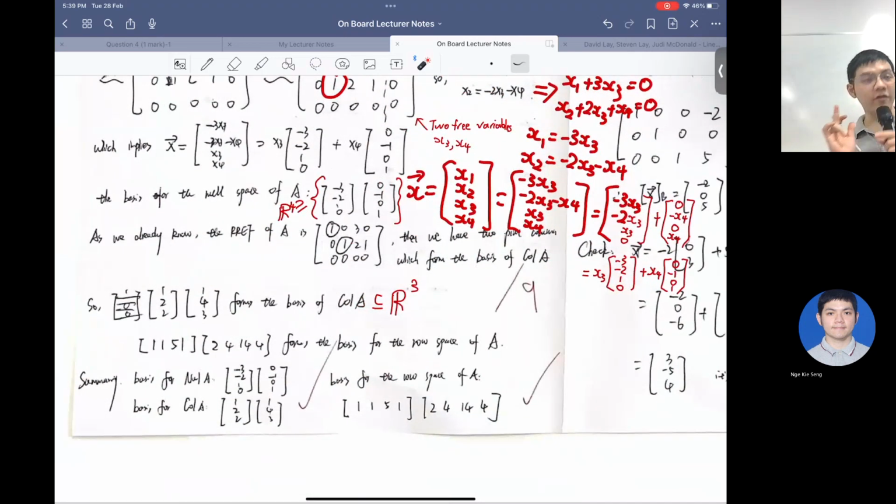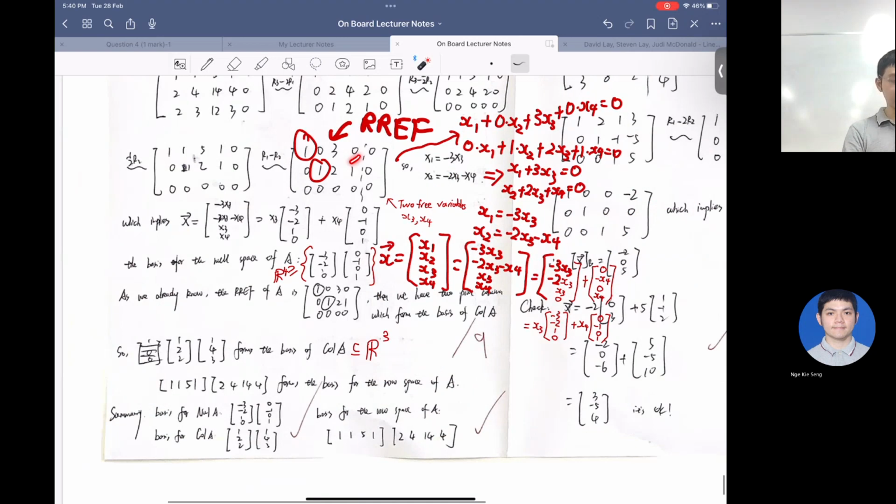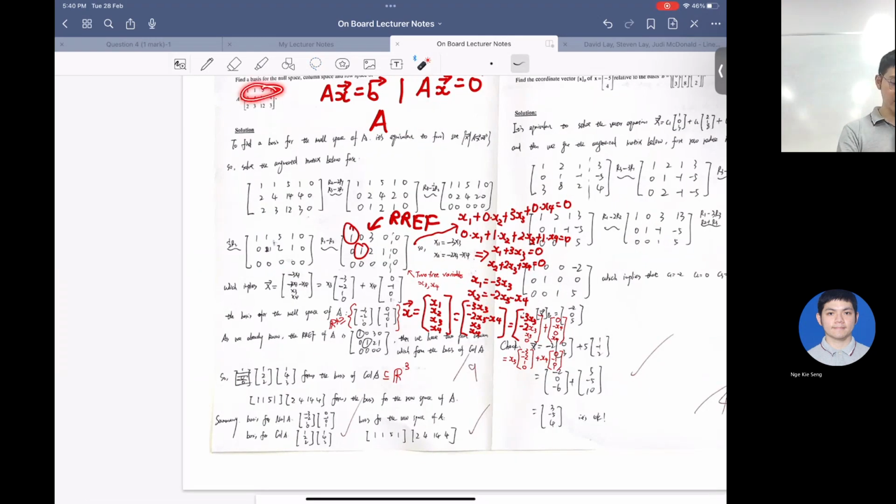but this is different for row space. For row space, you can pick the one that is from the row reduced one, or you can pick the original row corresponding to the pivot column.